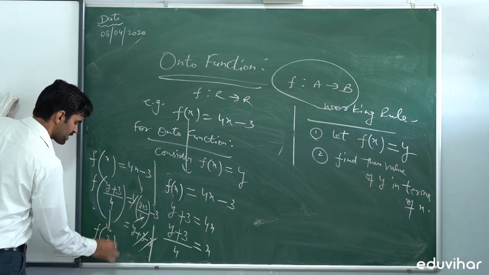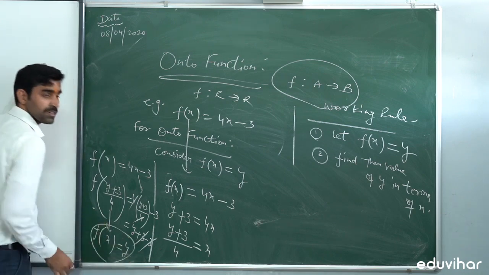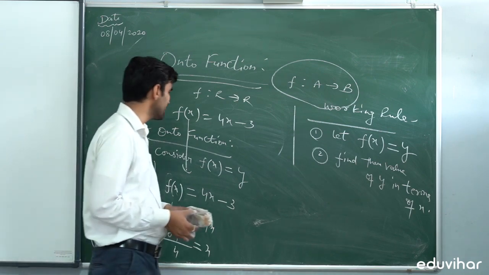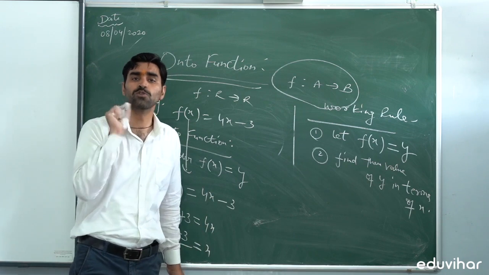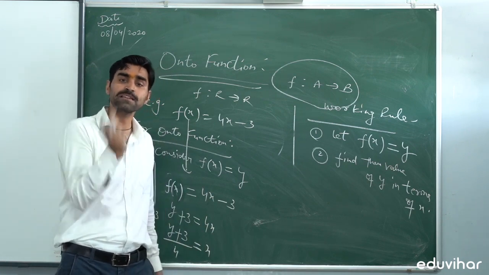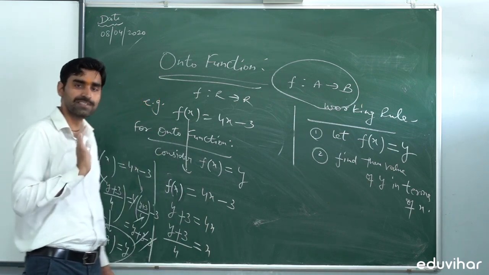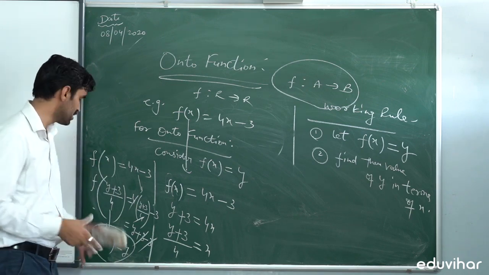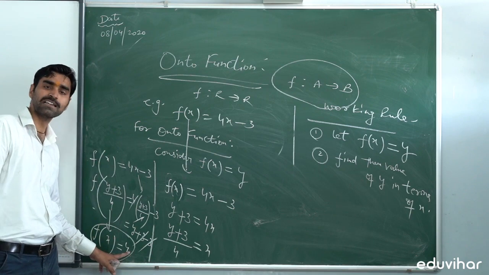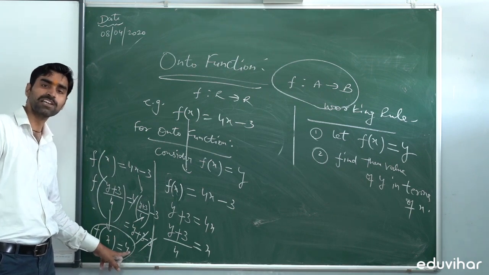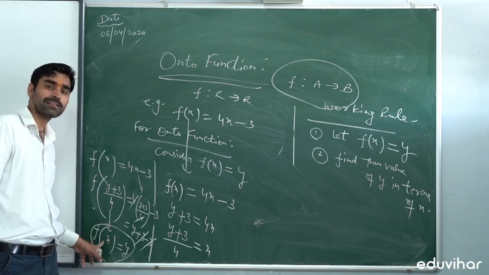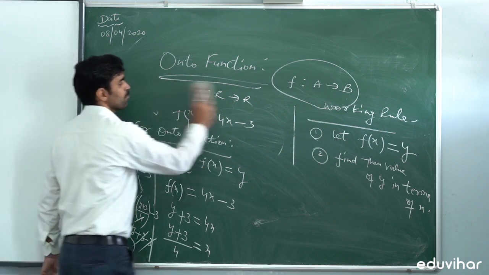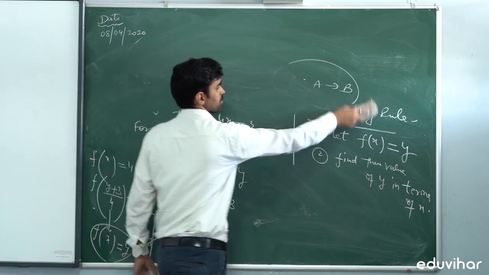So we can say f(x) equal to y, that is every element of the codomain has an image in the domain. If this is so, then this type of function is known as an onto function. Here y, that is the element of codomain, has the pre-image in domain. If this is so, then this type of function is onto.